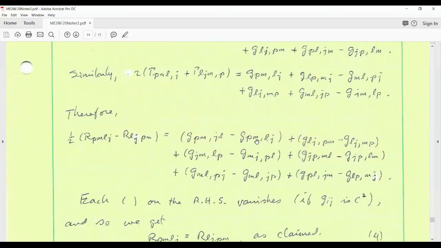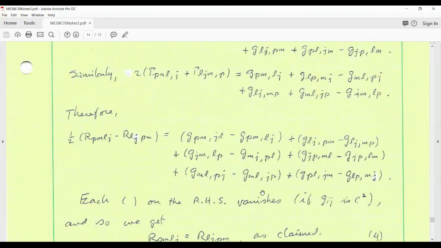When I collect all the terms that have the same derivative indices, I see that they're the same. In other words, they cancel. Each parenthesis cancels because, for example, this one is equal to that. This is equal to, because of the symmetry in the metric, this disappears. These all disappear.